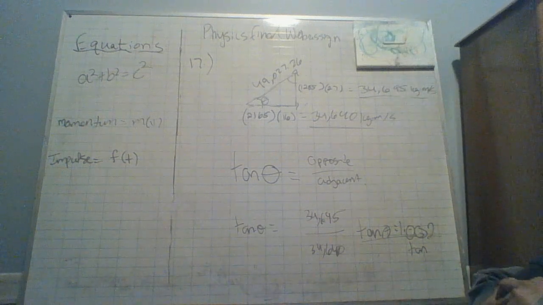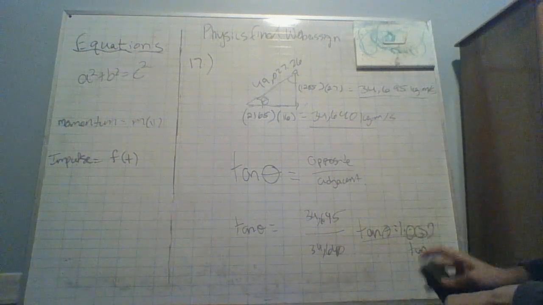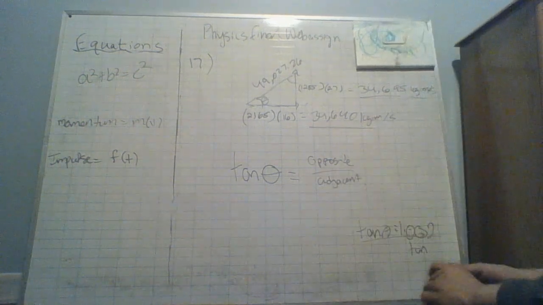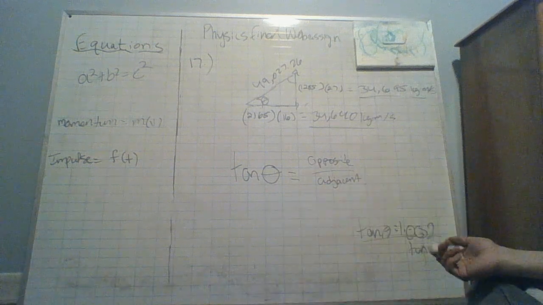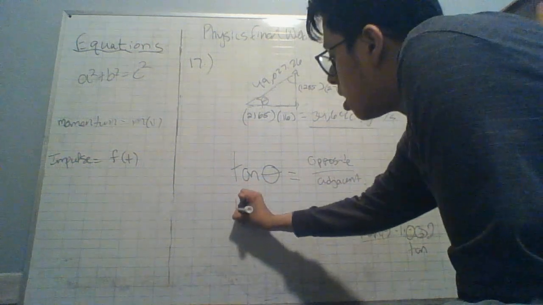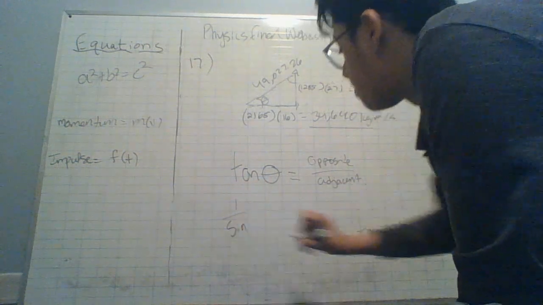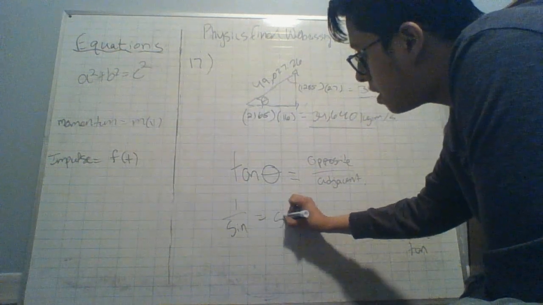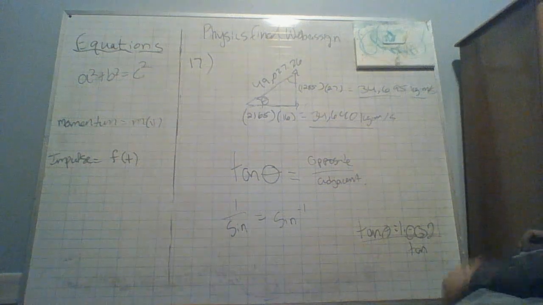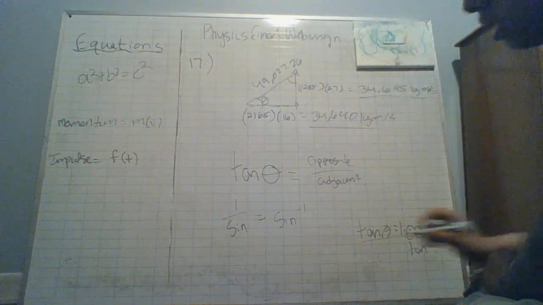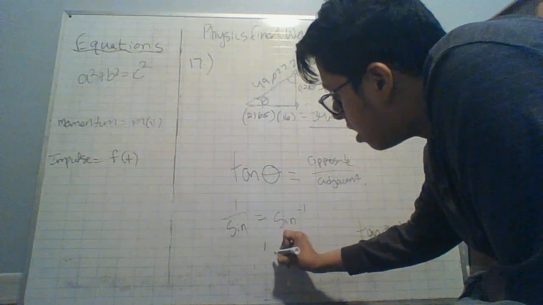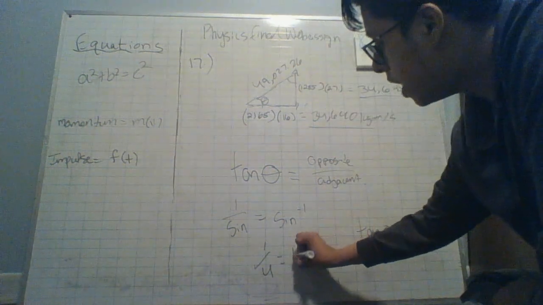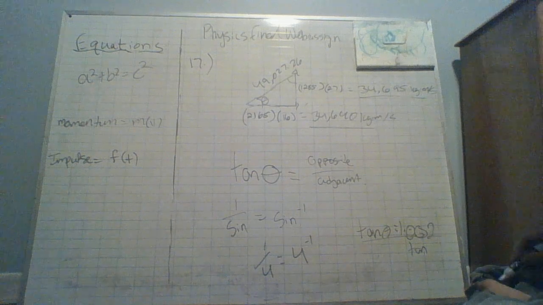And a critical principle to understand here is that there's a thing called exponent rules. So if I had 1 over sine, that is the same thing as sine to the negative first power. If I had 1 over 4, that's the same thing as 4 to the negative 1 power.